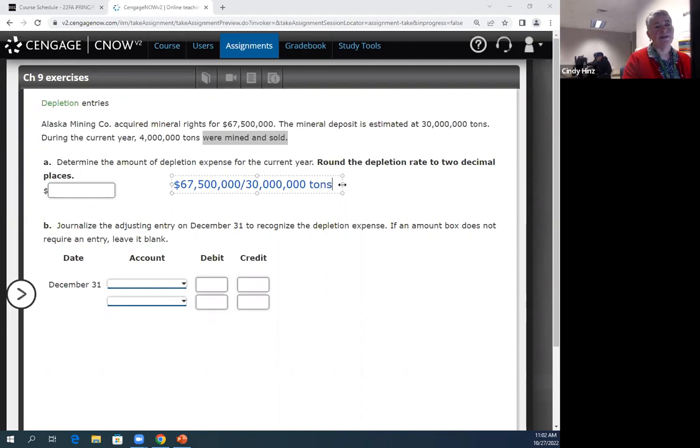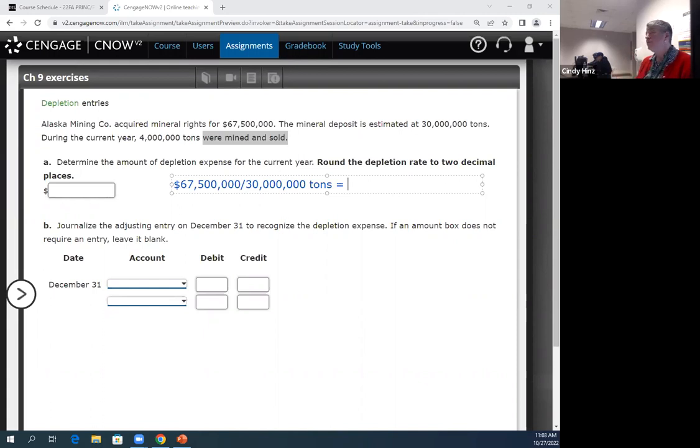And we paid $67.5 million for the right to harvest what is estimated to be 30 million tons. So it's not a calculation of how much do we think is there. It's how much do we think we can remove? How much do we think we can get out?